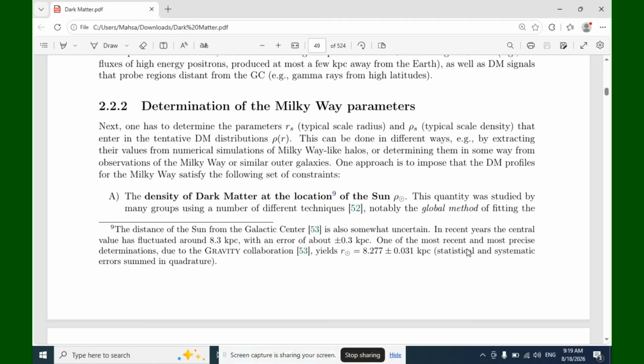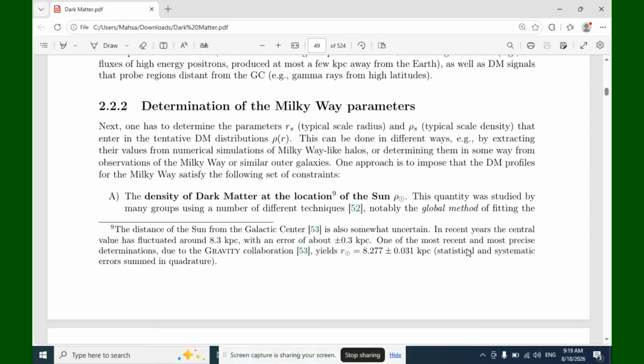The next section is 2.2.2, determination of the Milky Way parameters. Next, one has to determine the parameters r_s, the typical scale radius, and rho_s, the typical scale density, that enter in the tentative dark matter distributions rho of r.